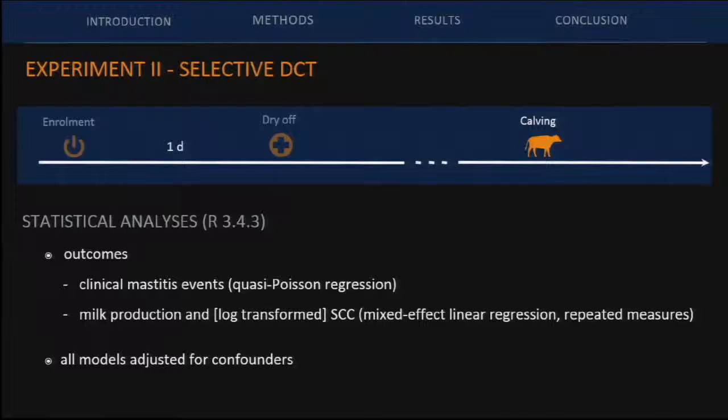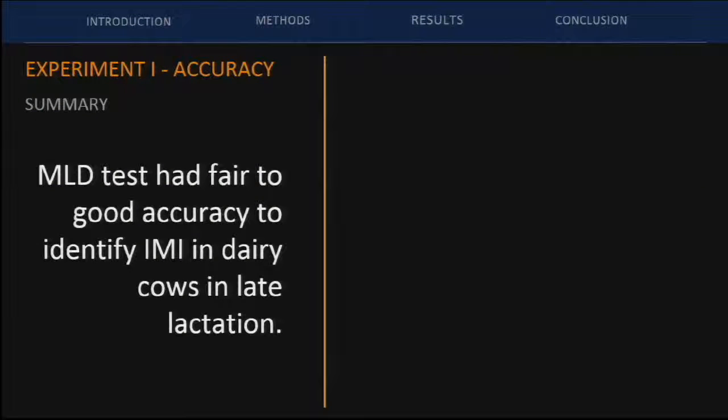For statistical analyses, for the geeks in the room, I did quasi-Poisson regression for the clinical mastitis events, and milk production and somatic cell counts were analyzed with mixed effect linear regression with repeated measure structure. They were all adjusted for confounders, and obviously parity was an important one, as presented in many previous research.